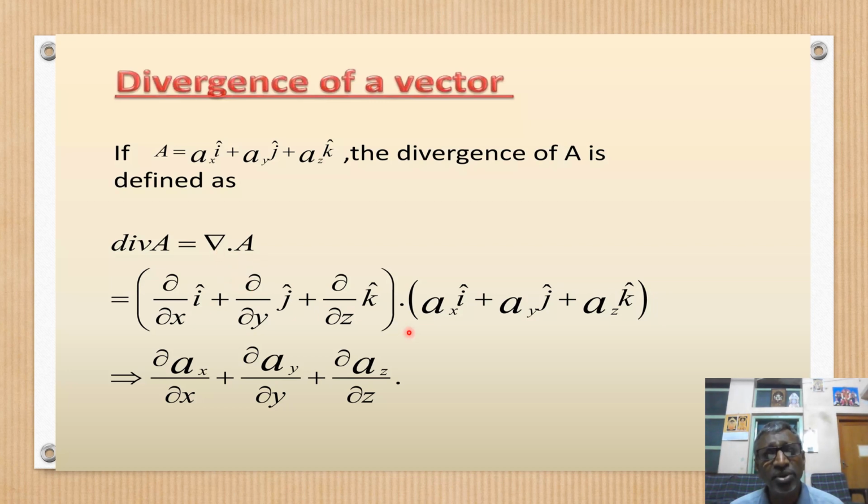Here A is a vector, del is a vector, therefore the dot product is admissible. When you take the dot product, you have dou A1 by dou x plus dou A2 by dou y plus dou A3 by dou z. So this is the divergence of the vector A bar.